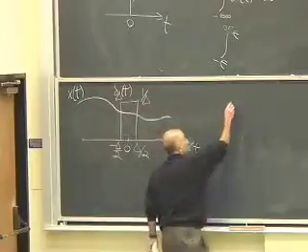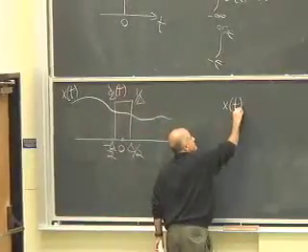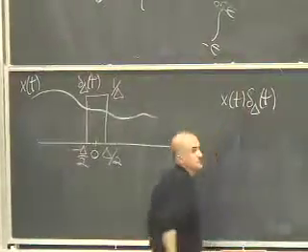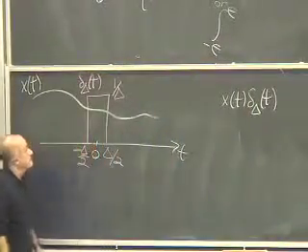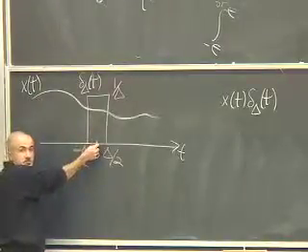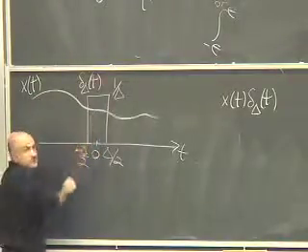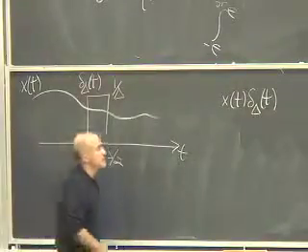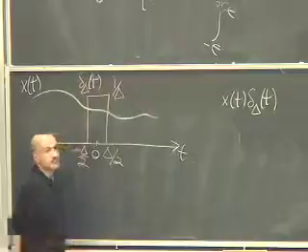Now, if you multiply x of t with delta sub delta of t, if x is continuous in this neighborhood of 0, specifically at 0, and if delta is sufficiently narrow, can you give me an estimate of what you're going to get?